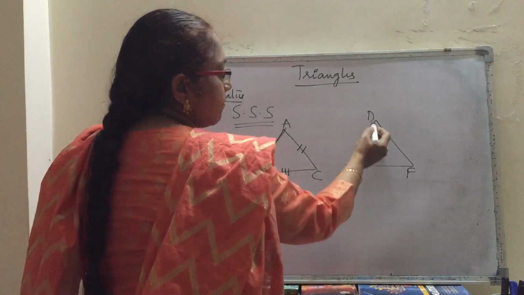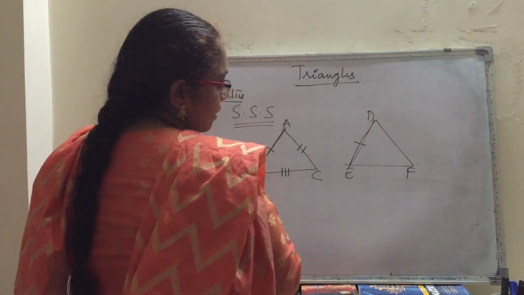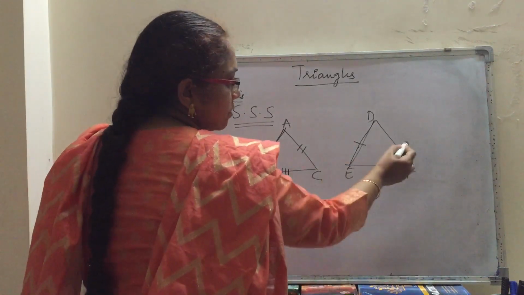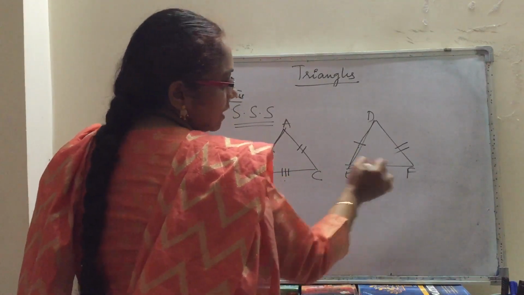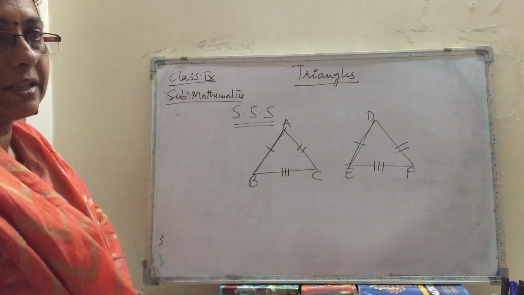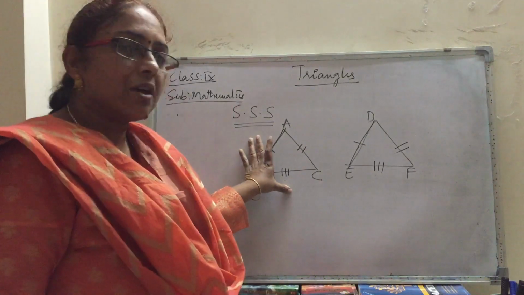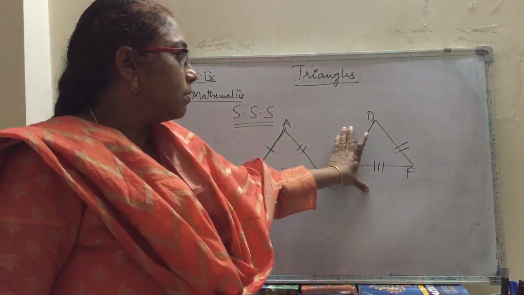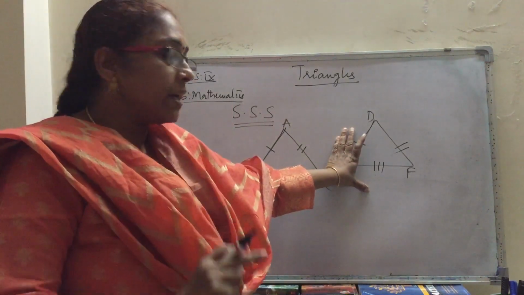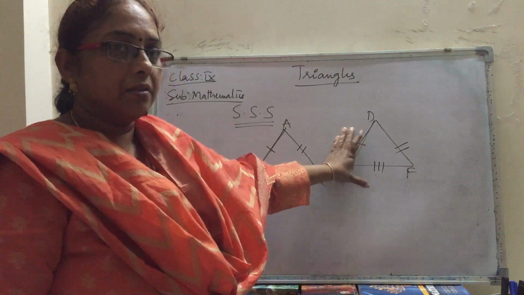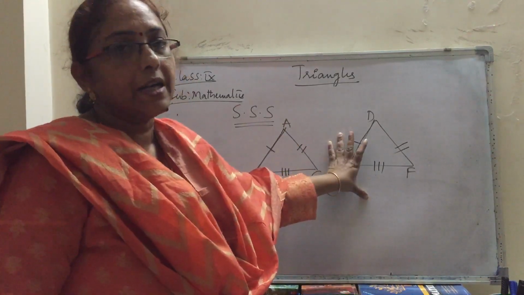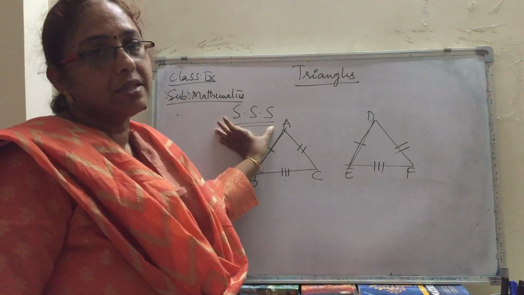This AB and DE are corresponding sides, these two are equal, and these two are corresponding sides, and these two are corresponding sides. If they are equal like that, then these two triangles are congruent by this SSS congruency rule.